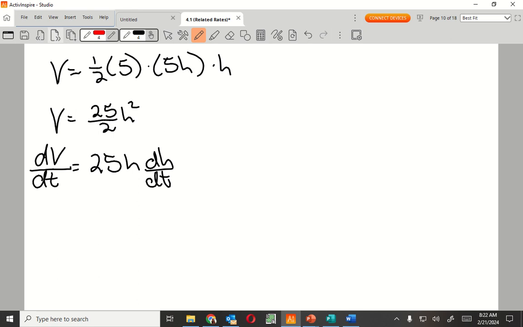Okay, so now let's plug in the values that I have. But one other thing before we get too far into this: 1,000 liters is equal to 1 meter cubed.